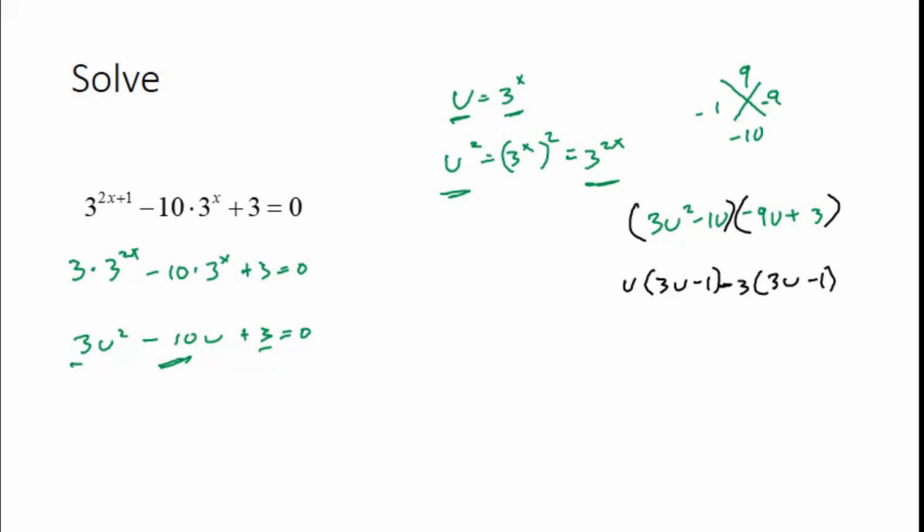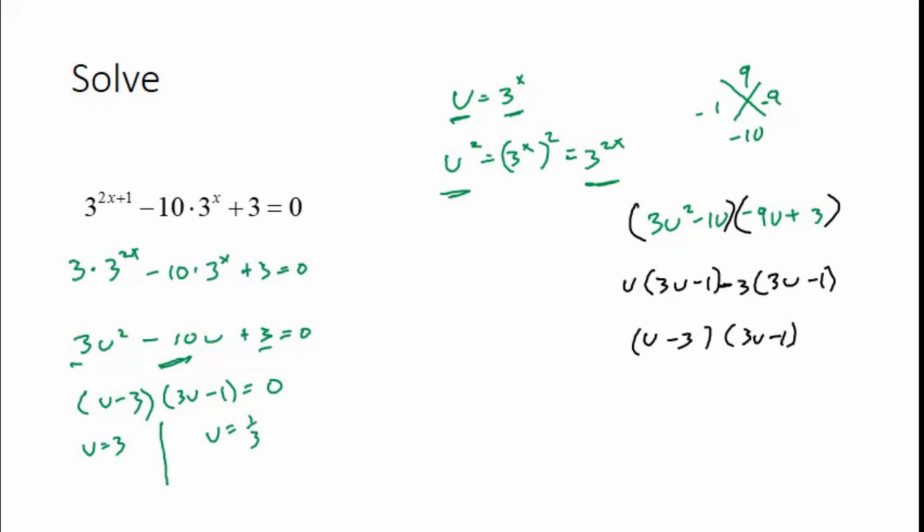So our factors would have to be u minus 3 and 3u minus 1. If we solved each one by setting them equal to 0, then we would end up with u equals 3 on the left and u equals 1/3 on the right.